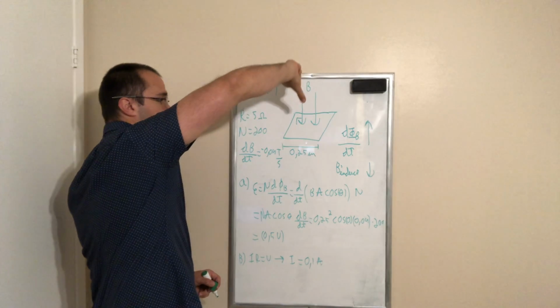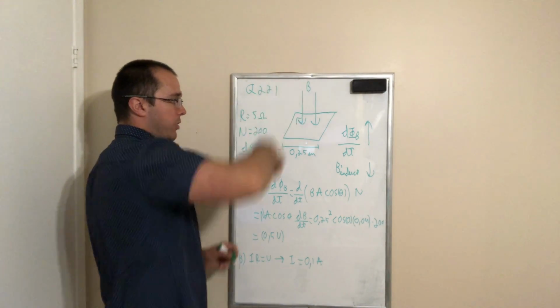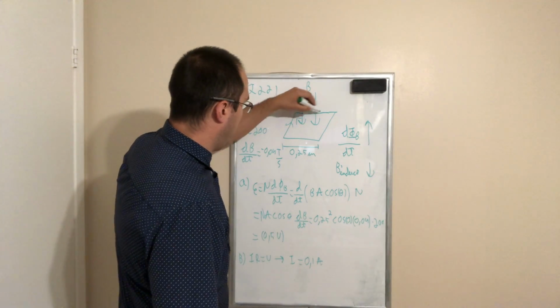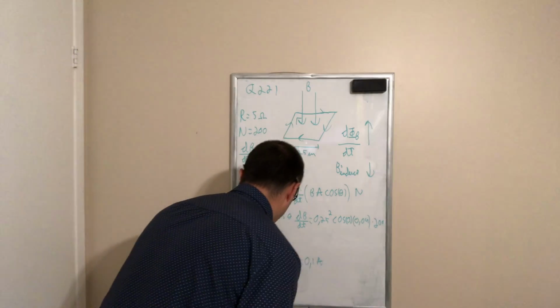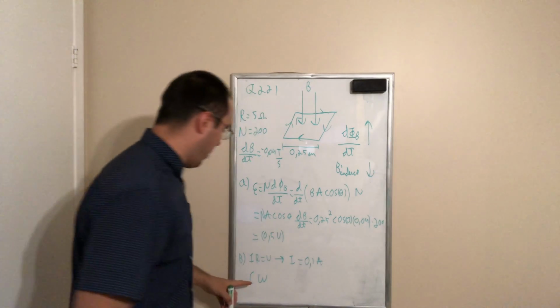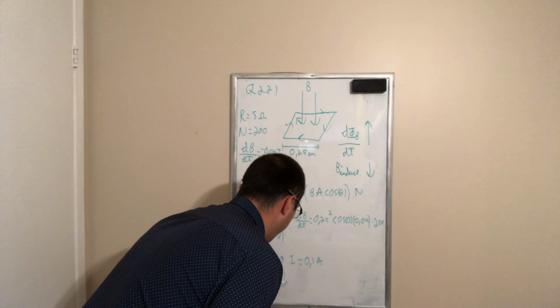Well, if the induced magnetic field is pointing downward, we curl our fingers to know the direction of the current. The current will be going in that direction, which is clockwise. By the way, I'm going to write CW for clockwise, and CCW for counterclockwise.